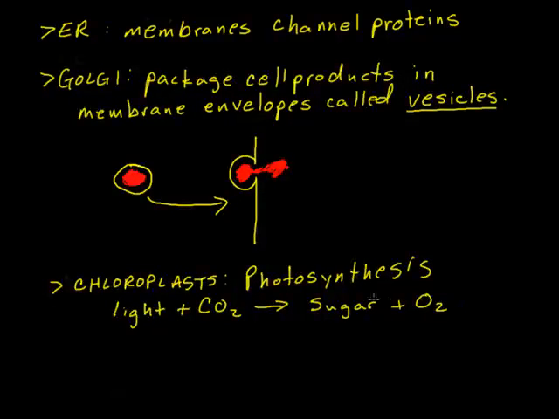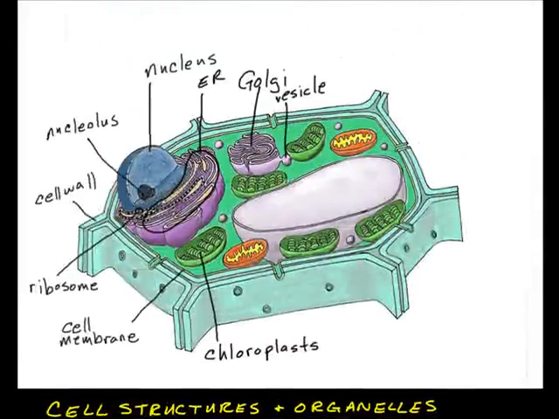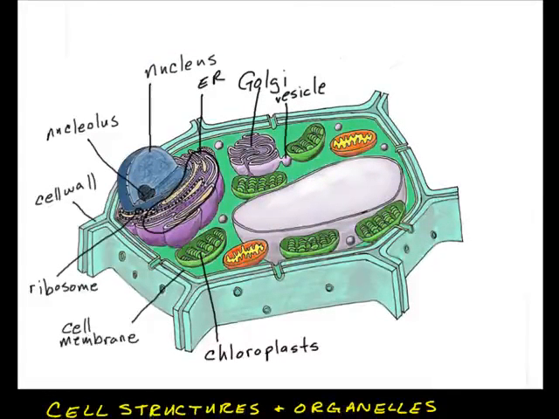So they produce sugar and oxygen. They consume light and carbon dioxide and a little bit of water as well. And we'll get into more details about what goes on in photosynthesis in the coming modules. So chloroplasts are unique to plant cells, and you won't find them in animal cells, unlike the rest of these organelles. You'll also see all these in animal cells, with the exception of chloroplasts and the cell wall.